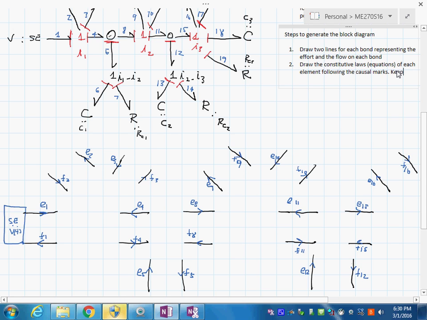Since we have visibility on the top, we'll continue with those, and we'll take number 9, which has the effort in. How does this work?